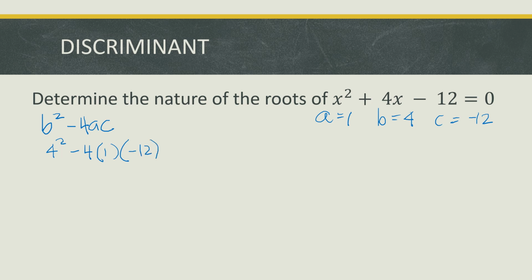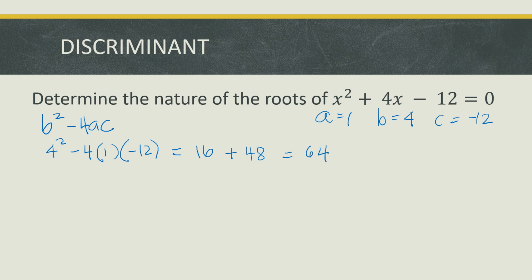Let us evaluate. 4 squared is 16. Negative 4 times 1 times negative 12 gives a positive 48. Then 16 plus 48 gives us 64.